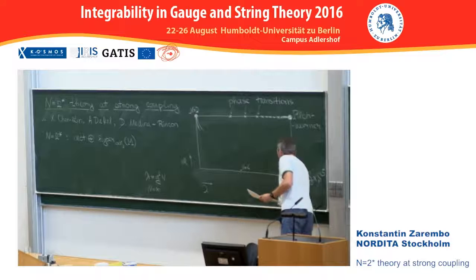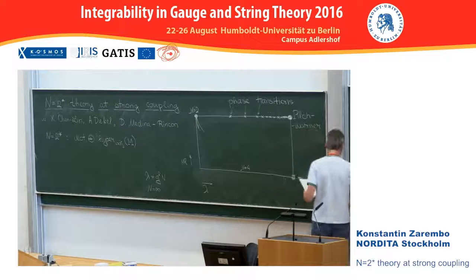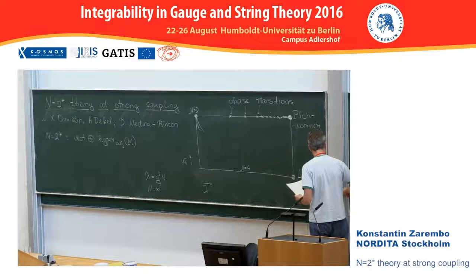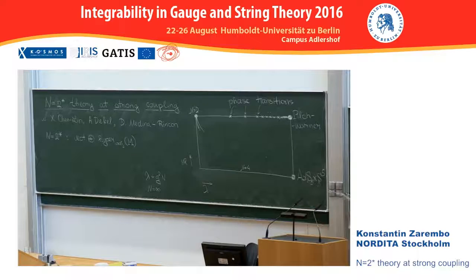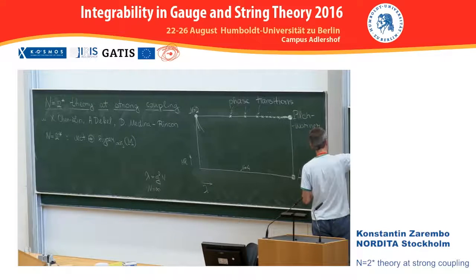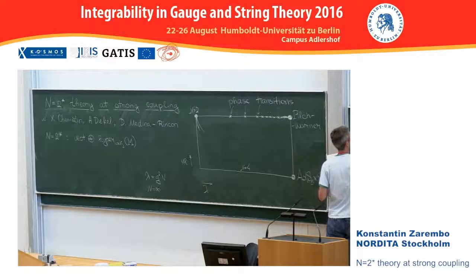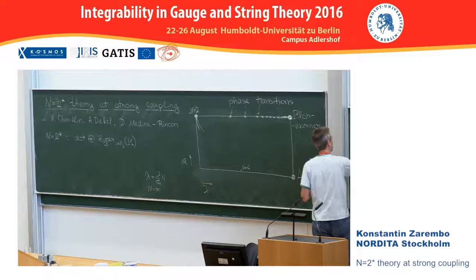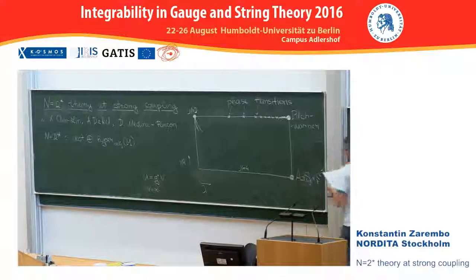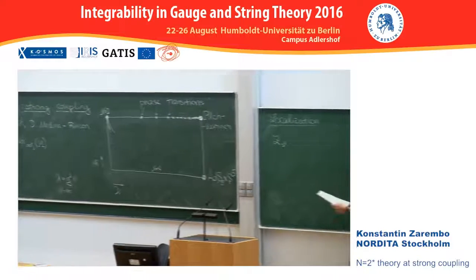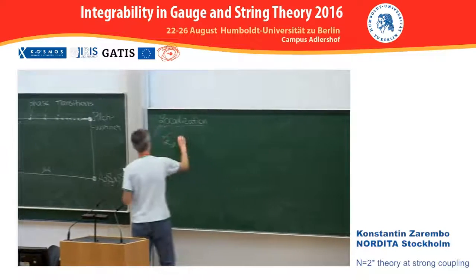So the starting point, for me, is the partition function on S4 that was computed by Pestun in 2007 by the method of supersymmetric localization. The partition function has the form of a matrix model in the eigenvalue representation.